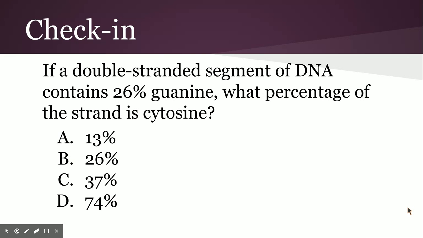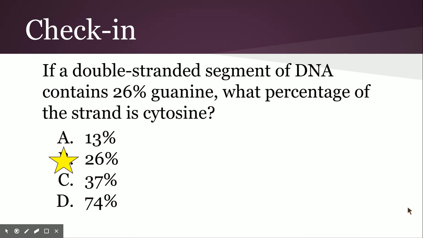Tough one. If a double-stranded segment of DNA contains 26% guanine, what percentage of the strand is cytosine? All right, so the answer to this is 26. What we have to remember here is that guanine and cytosine pair up with one another, which means you're always going to have exactly as much guanine as you do cytosine.